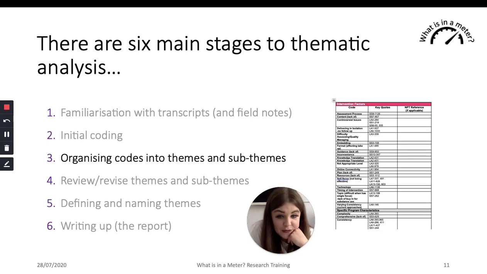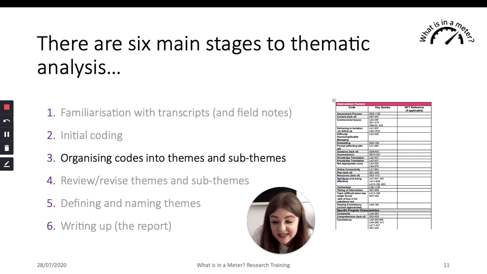The next stage of the process is to organise the codes that you've identified into themes and sub-themes. So a theme can basically be defined as a recurrent or unifying concept or statement about the subject of inquiry.